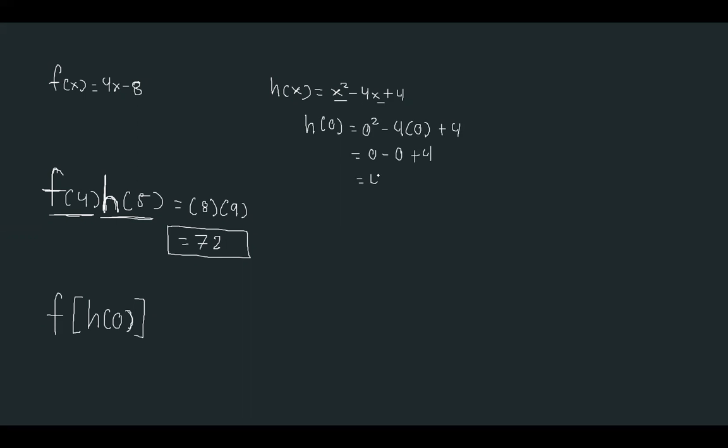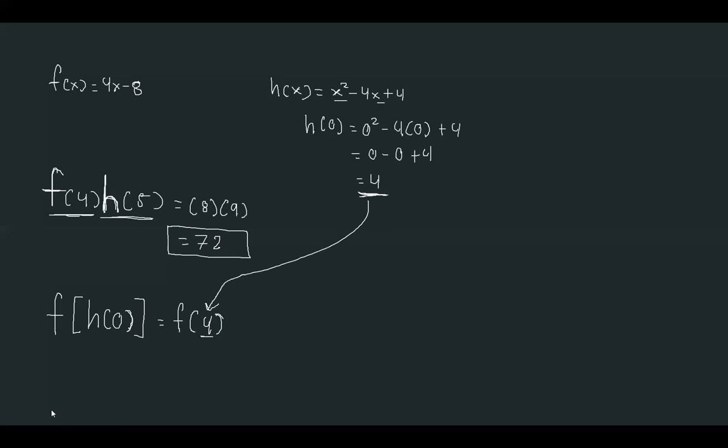So we have 4 as your answer. So h of 0 will give you 4. Therefore, you have f of 4. Again, h of 0 is 4.